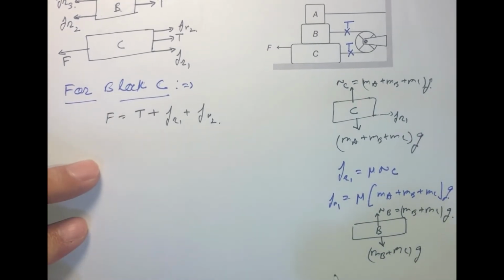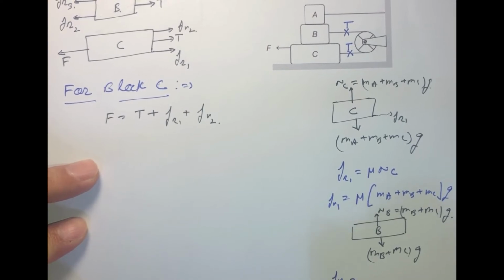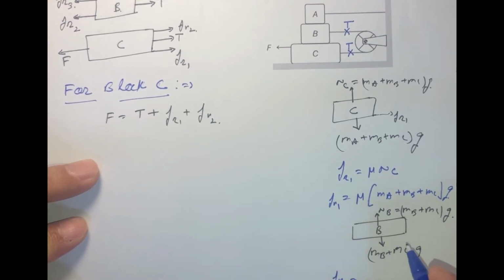From here we can say our FR2 is equal to mu into NB, that is mu into MB plus MC into g.